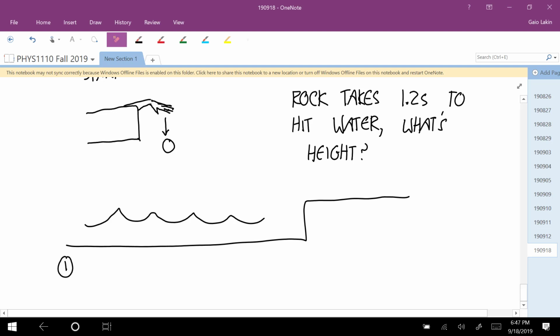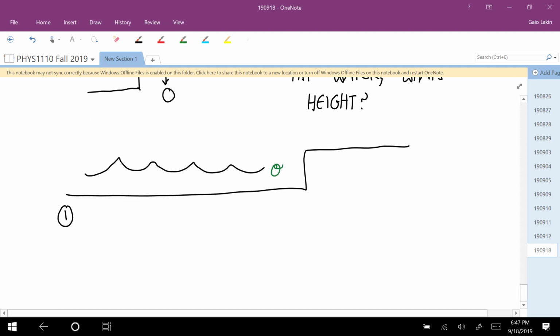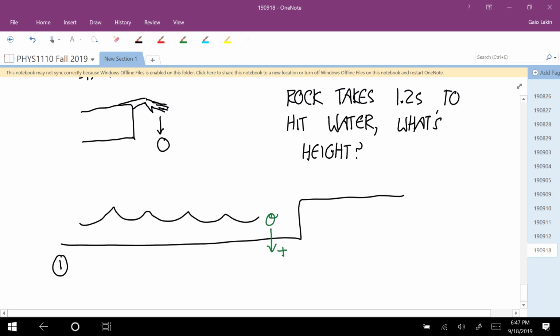I guess I usually do green for that. Okay. And what do you want to call the positive direction, up or down? Either one's fine. Down. Okay. Almost nobody would ever choose that, but it's fine. It won't mess up. We can totally do it. And what we're trying to figure out is the distance between these.